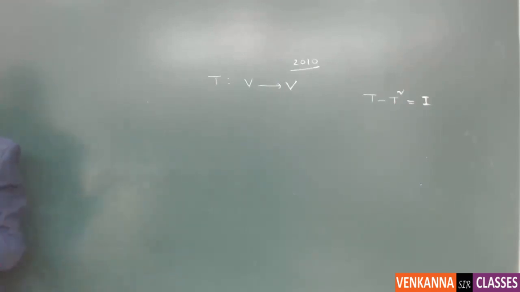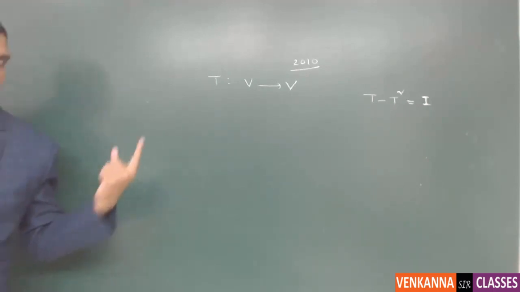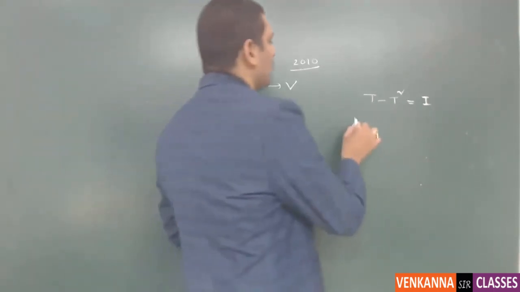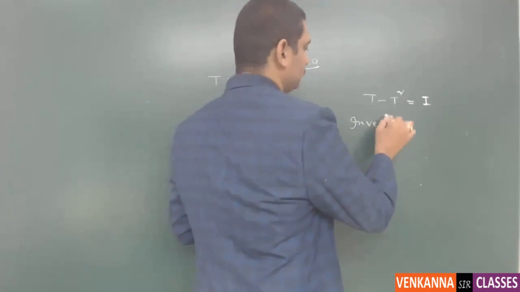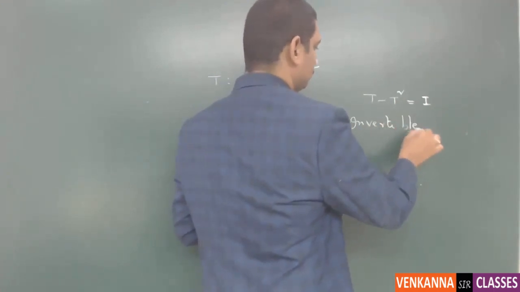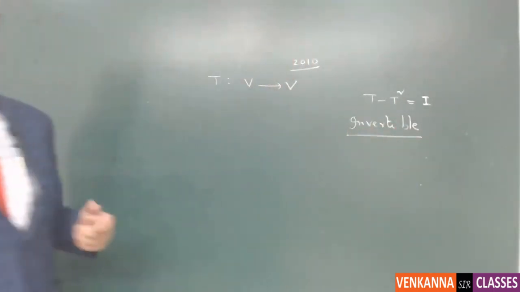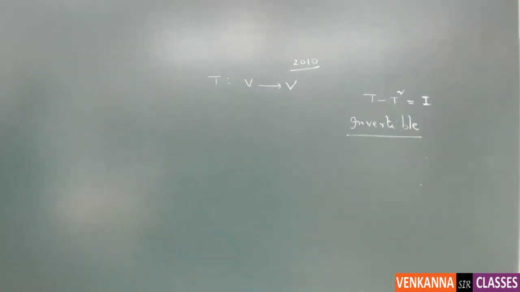I of 5 is equal to 5, just like that. Now the question is, prove that this transformation is invertible. That was the question.